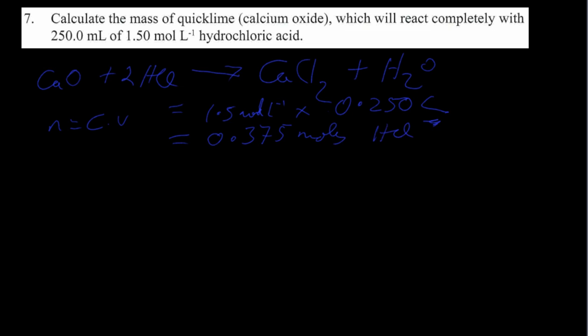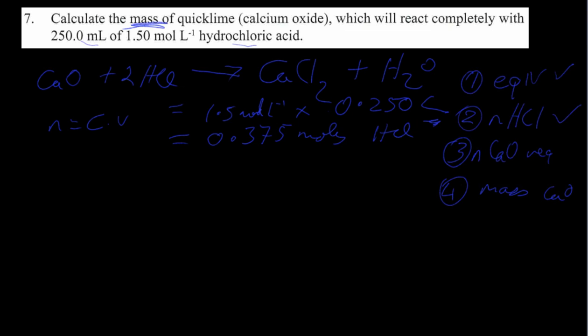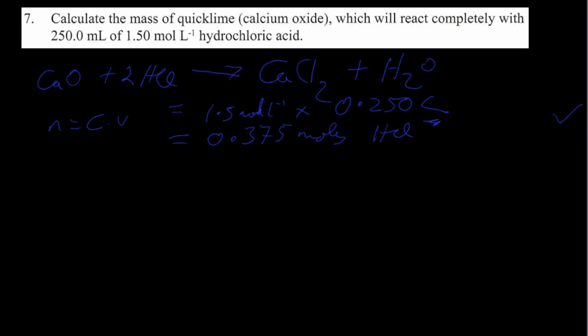It's a good place to start, isn't it? So we go back to our little mud map of how we're going to do things. We can tick it off nicely. We've done the HCl. Now we have to work out how much calcium oxide is required. So let's go back and do that.